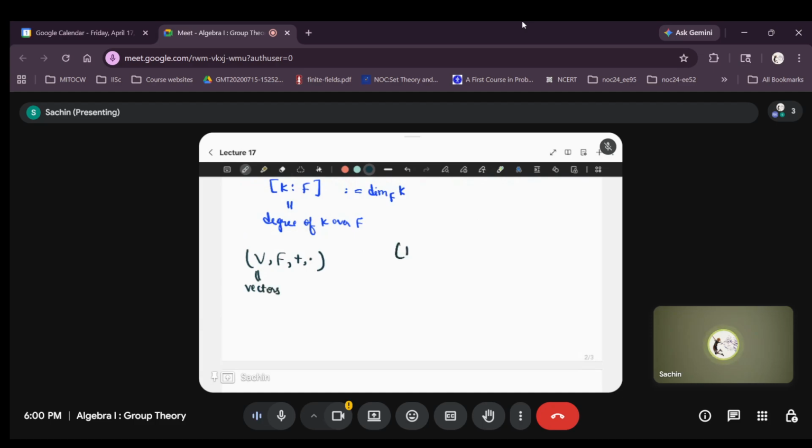For example, R3, R, plus and dot, where R3 is the set of 3 by 1 vectors, three dimensional vectors, 1 2 3. The set of such vectors is R3. This is a field, a field of scalars.